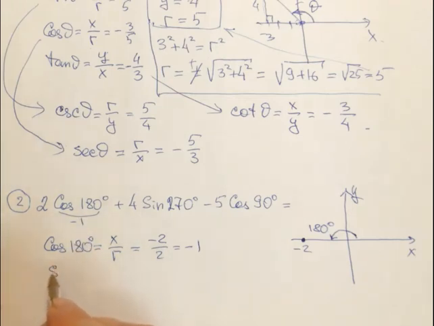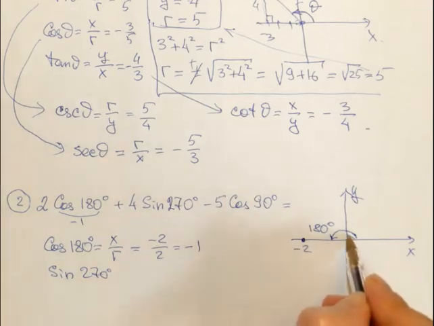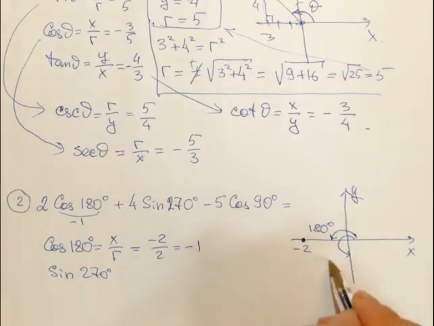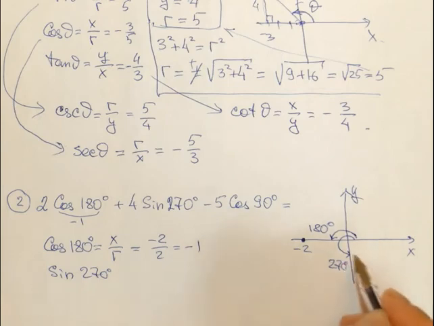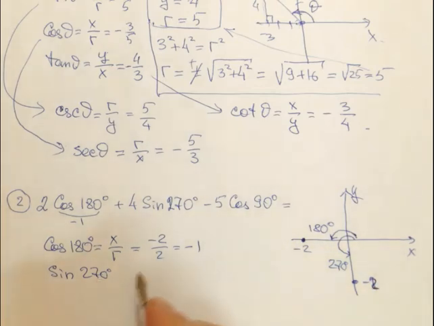Then we have sine of 270 degrees. It is also a quadrantal angle. 270 degrees is here. We can take a point on the negative y-axis. Let us also take negative 2. This time, this is y.